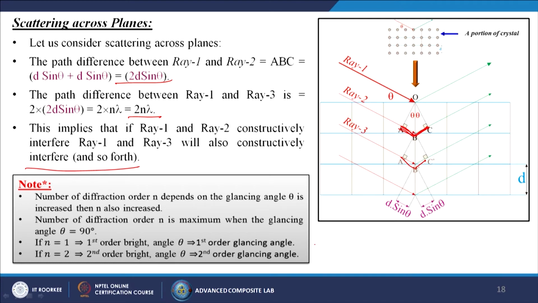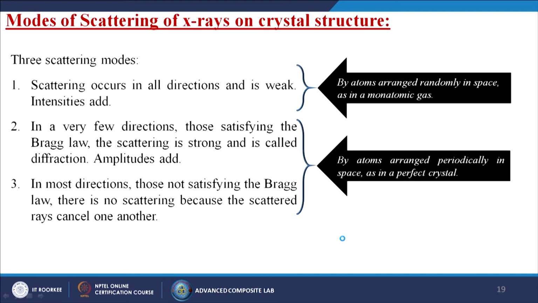Now, we are going to discuss the modes of scattering of X-rays on the crystal structure. So, there are 3 scattering modes. The first one is that scattering occurs in all directions and is weak, intensities add, which is by atoms arranged randomly in space as in a monoatomic gas.